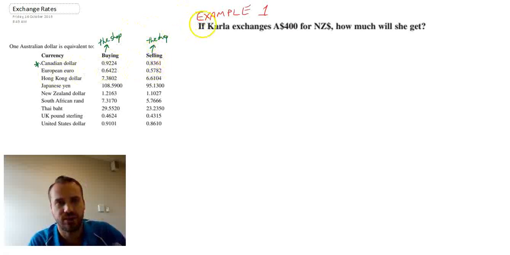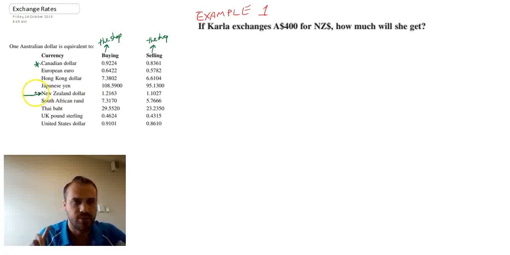So let's take a look at our first example here. If Carla exchanges 400 Australian dollars for New Zealand dollars, how much will she get? Now, the word exchange complicates matters a little bit, but really what's happening is Carla has 400 Australian dollars and she wants to buy New Zealand dollars. That means that they need to sell New Zealand dollars to her. So we go to our table and find New Zealand dollars, and the shop is going to sell New Zealand dollars to me.